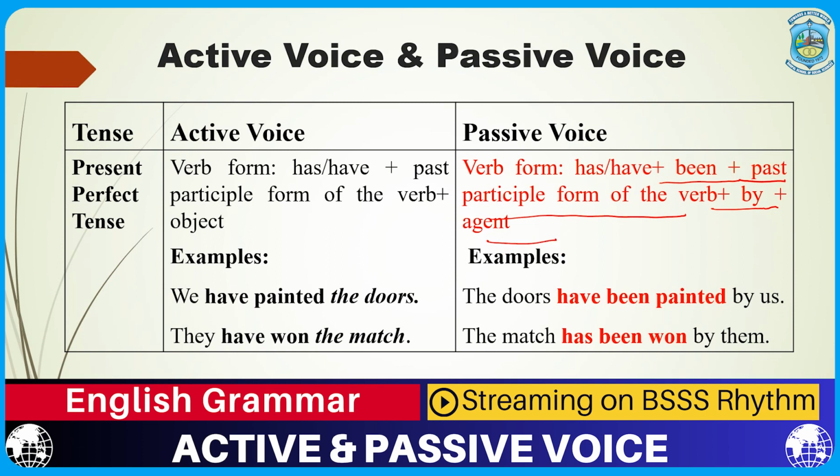So, we have now the sentences the doors have been painted by us, the match has been won by them. And we will add by us, by them as by plus agent.